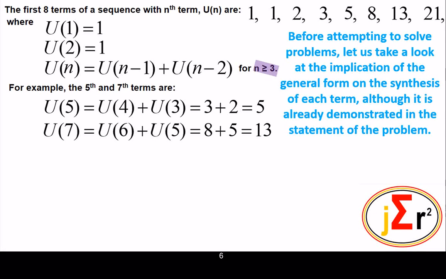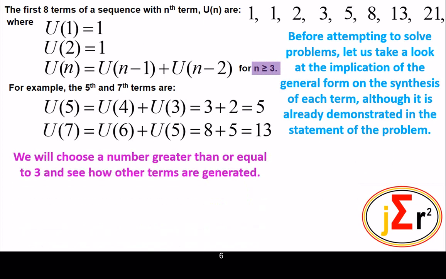Now, to continue to simplify the implication of the general form and the synthesis of each term, let us show this with our animation. We will choose a number that is greater than or equal to 3 and see how other terms are generated. So let us choose 6 because we have 5 and 7 here.